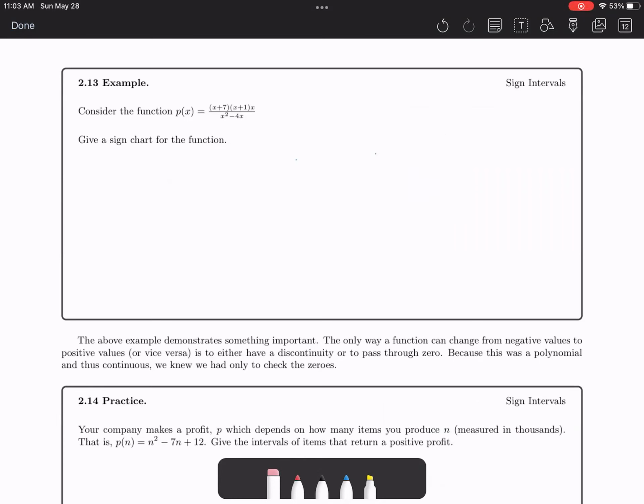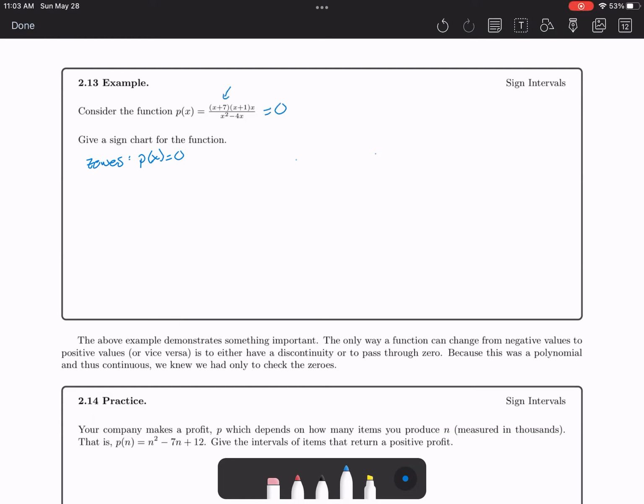This function here, p of x, is a rational function. It is cubic divided by a square. So let's look at the zeros first. What's going to make this function, p of x, return a 0? Well, I've got a fraction equaling 0.